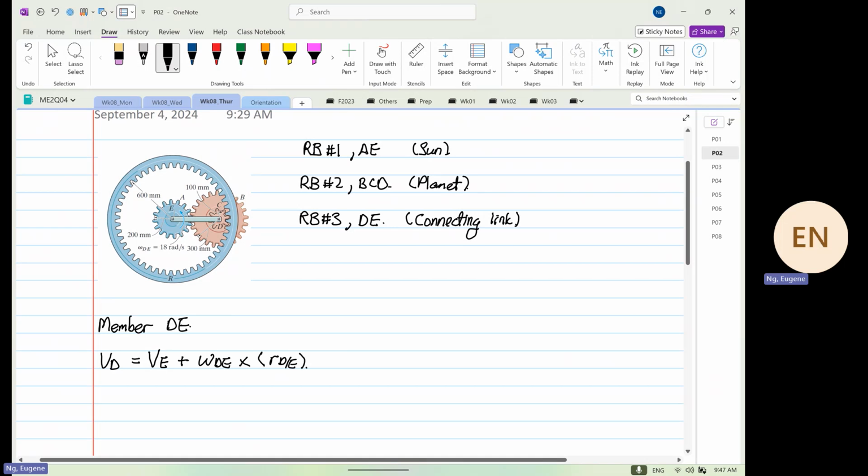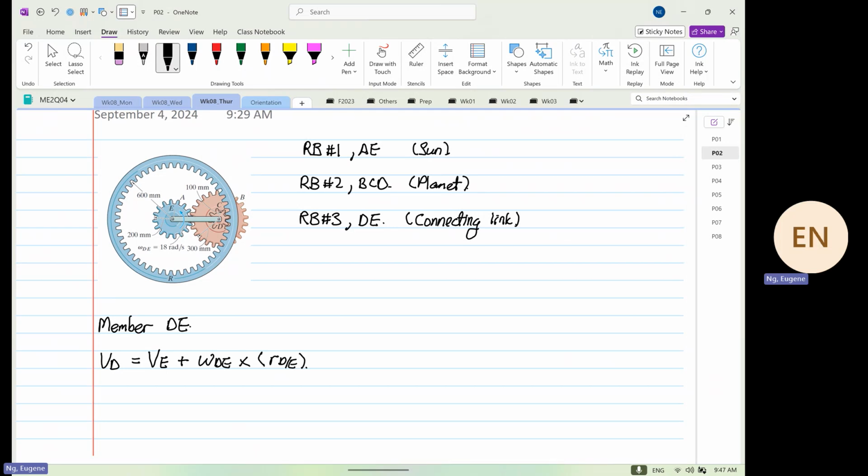Now we were asked to find the velocity at this instance, or we are analyzing the gear at this instant. So I'm going to isolate the rest of the diagram, and we are only going to focus on ED.